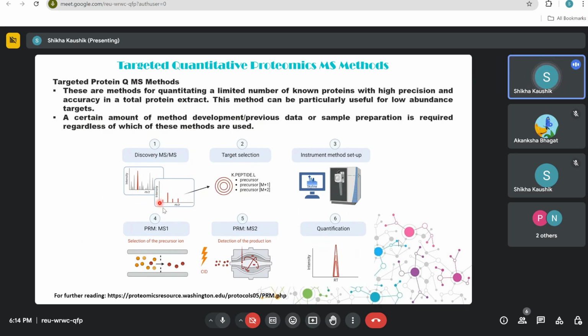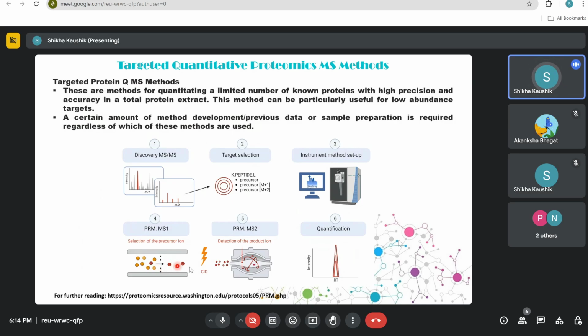But if you could see here, once that person has selected his target, he is taking the selection of precursor ion which he has done from the discovery MS, and this is sent to another mass spectrometer to understand the details of the selected precursor ion.